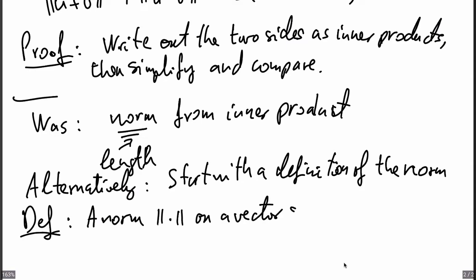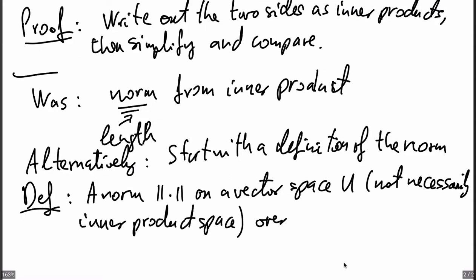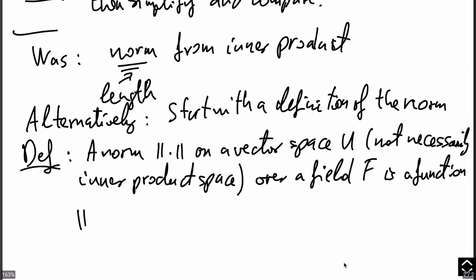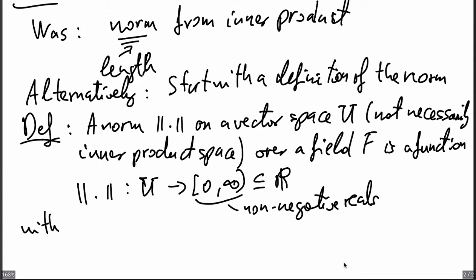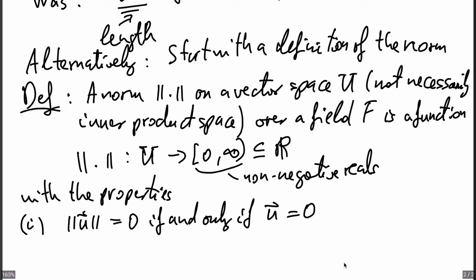Let's use the notation U to emphasize that this is not necessarily an inner product space, but it should be a vector space over a field F. The norm is a function that maps from the vector space U to the non-negative real numbers, I'm sorry, not integers, non-negative real numbers, with the properties that, first of all, the norm of u should be 0 if and only if u equals the 0 vector.